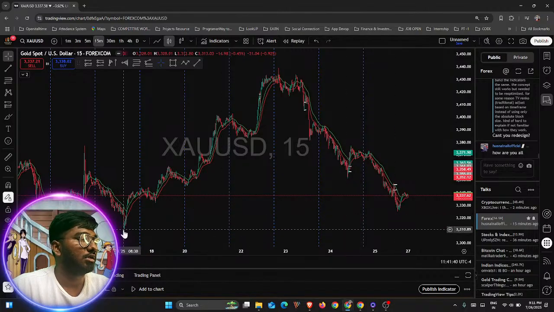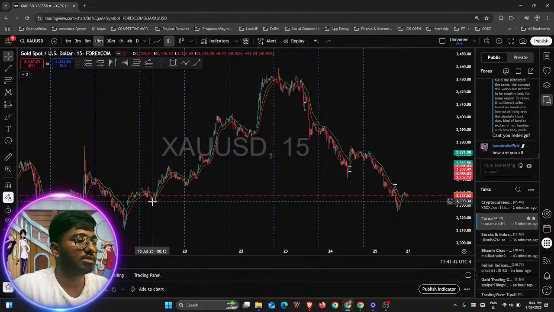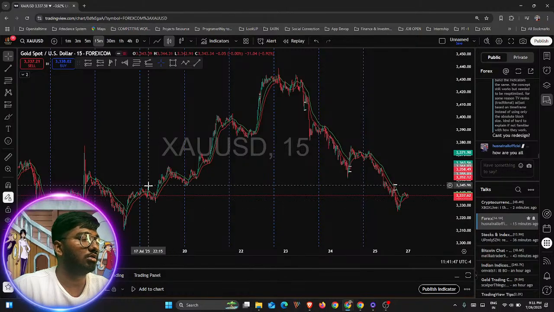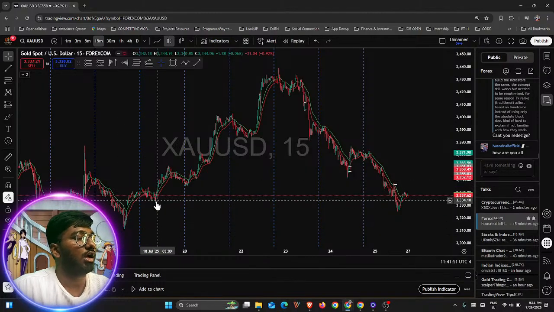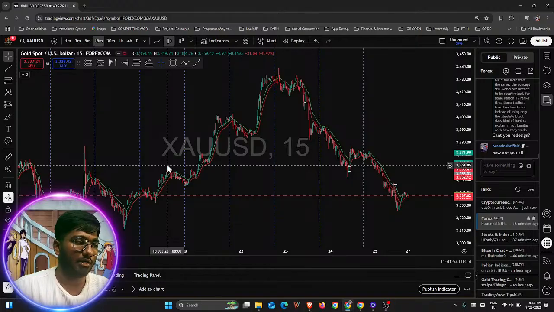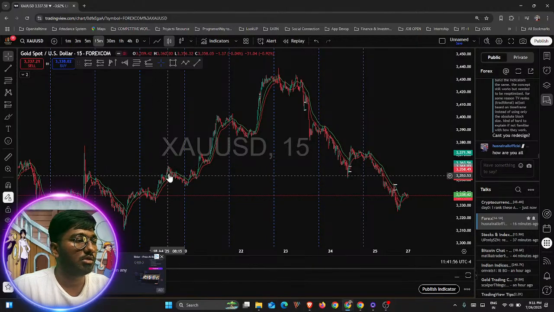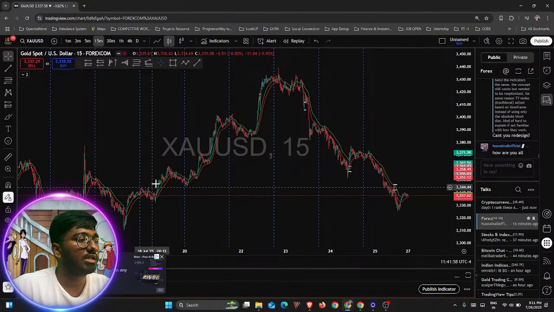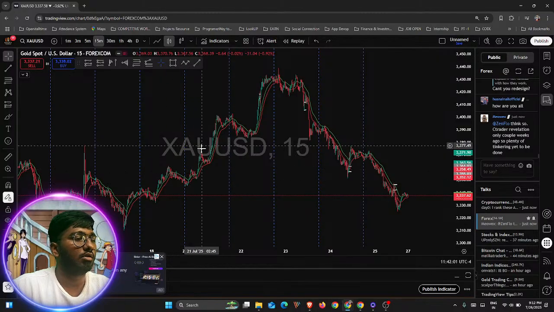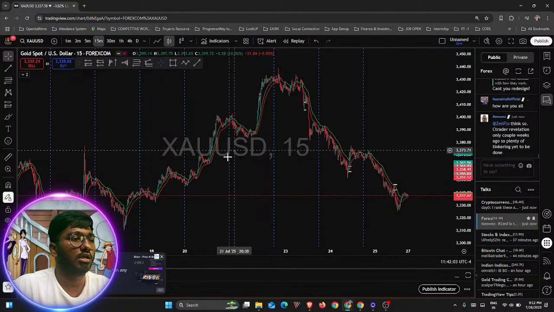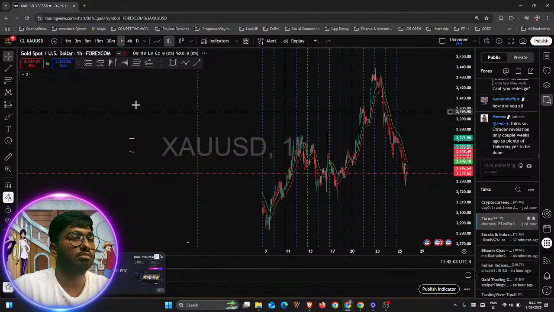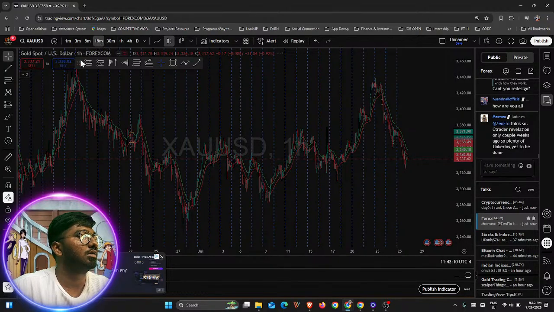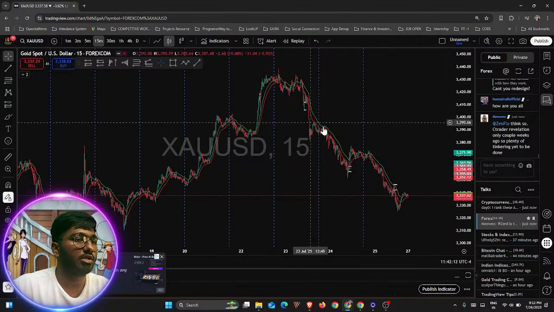If you look here, it retested around 20 percent of this trend, and it went back again. So it gives a break of structure everywhere. If you look at 1 hour, you may get it more clearly. That's how uptrends work.